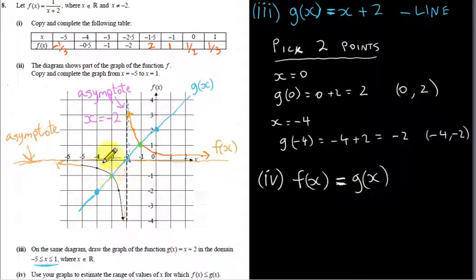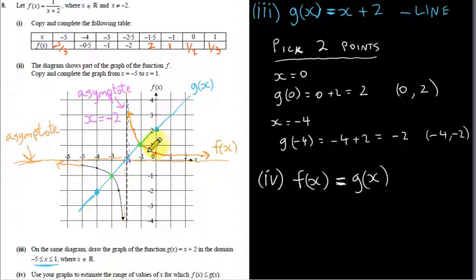You can actually see from the graph that it's -3. f of -3 should equal g of -3. And you can see from the graph that f of -1 should equal g of -1. Actually, f of -1 is 1, and g of -1 is also 1.